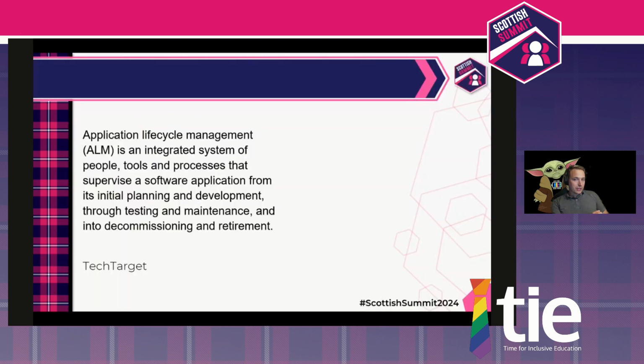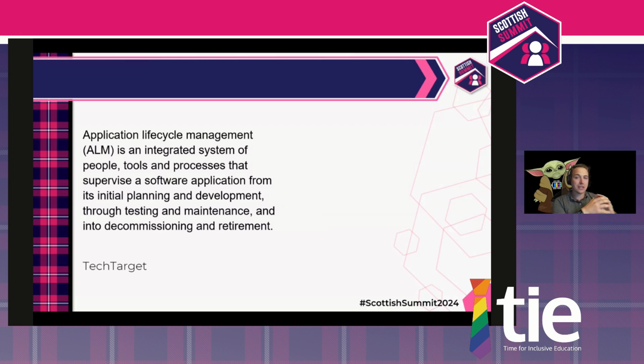First of all, I have a little sentence from TechTarget, which describes what it is. Application lifecycle management is an integrated system of people, tools, and processes that supervises a software application from its initial planning and development through testing and maintenance and into decommission and retirement. So why do I have this statement here? I want to highlight that application lifecycle management is more than just the automated deployment part.